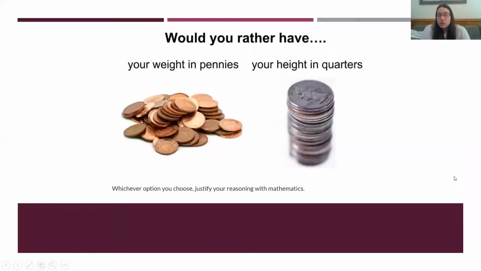So first thing I want you to do is play this would you rather game. I have a quarter and I have a penny. I want you to think about this. Would you rather get your whole weight, how much you weigh, in pennies? Or would you rather have how tall you are in quarters stacked up? Think about that for just a second.